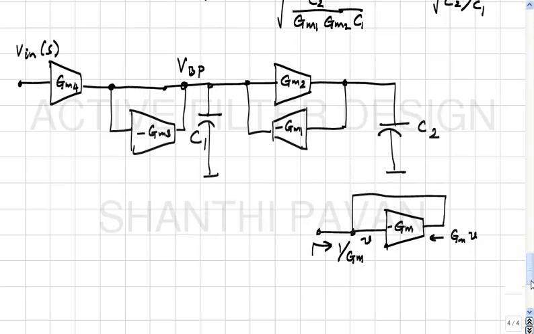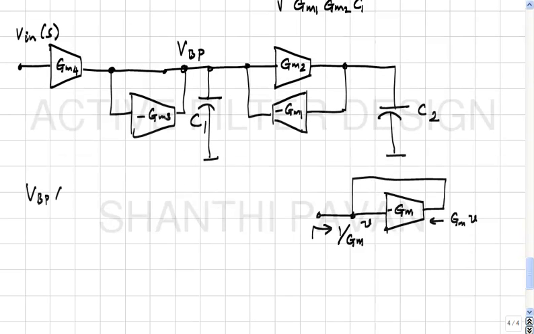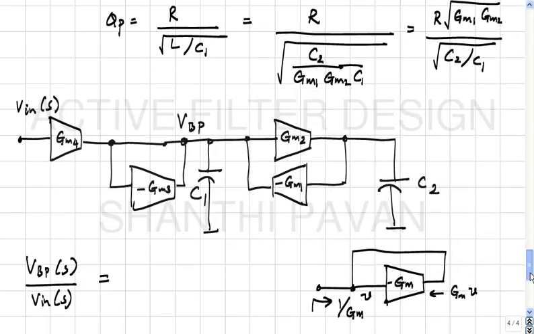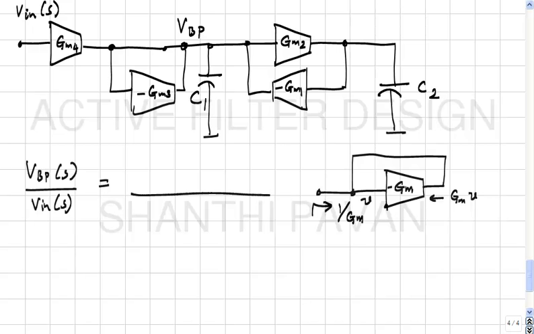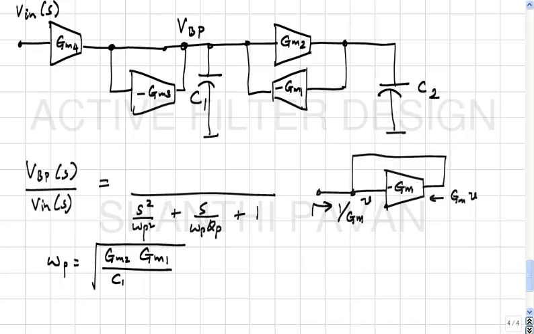And so what is VBP of S by Vn of S? What will omega p be? S square by omega p square plus S by omega p QP plus 1. Okay. Omega p will be Gm2 Gm1 by C1 C2.